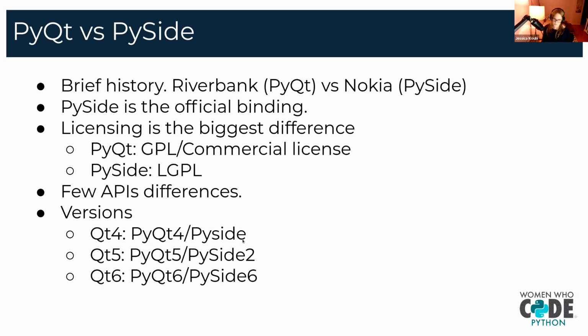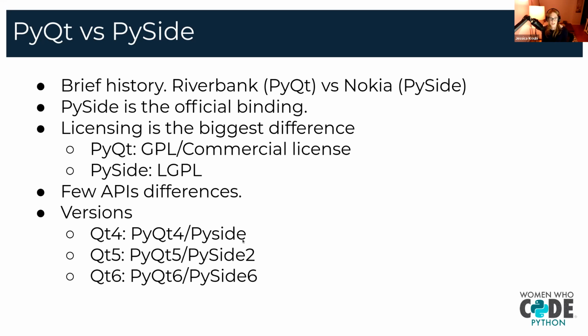And as you can see, there are multiple versions of Qt, and there are corresponding bindings for them. Until Qt 4, there was only PyQt. So Qt 2 and Qt 3 had PyQt 2 and PyQt 3. Starting with Qt 4, we had PyQt 4, and we had PySide, which was the first version.